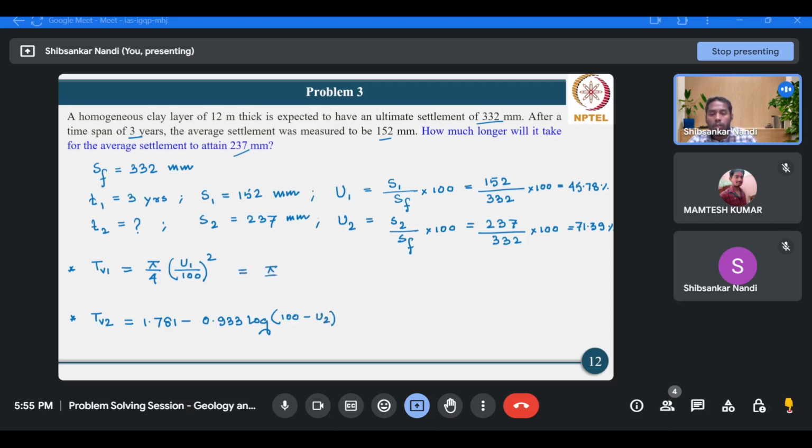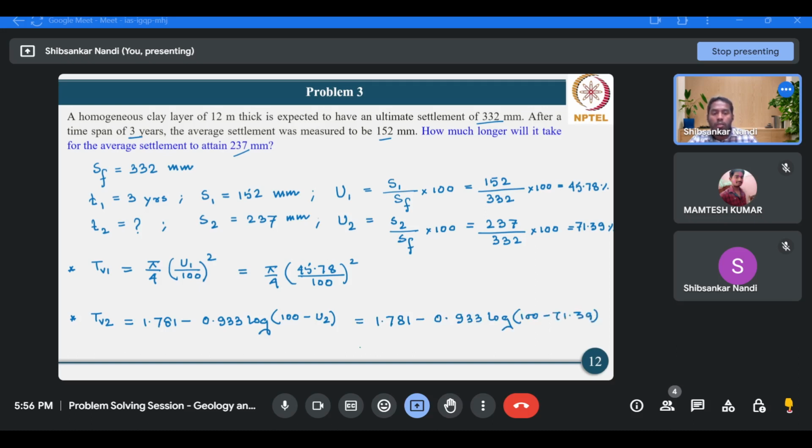For the first case, U1 percentage is 45.78, and for the second case, U2 percentage is 71.39.